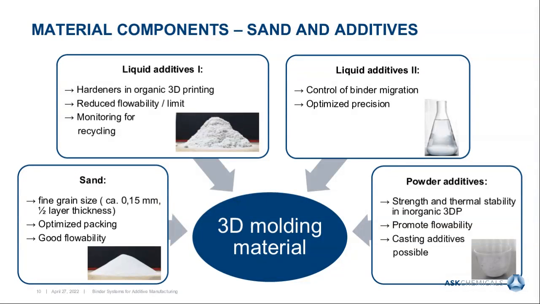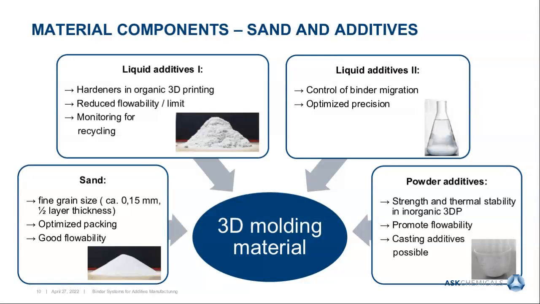Usually, as a rule of thumb, you could say it should not exceed half of the layer thickness to be really usable in printing. It is optimized for packing since there is no or very little active compaction of the material. It has to pack itself very well to increase density.